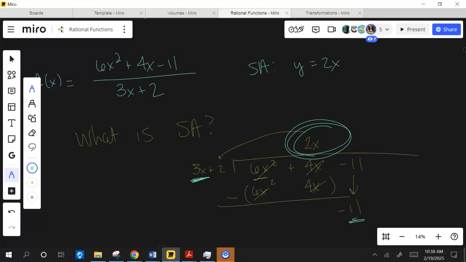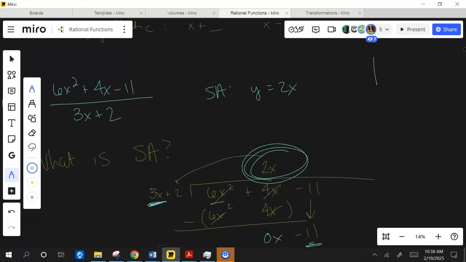Because 4x minus 4x is 0x. Sure you can. What does 2x look like? That's got a y-intercept of 0, and it's got a slope of 2. So up 2 over 1, and that's my asymptote.